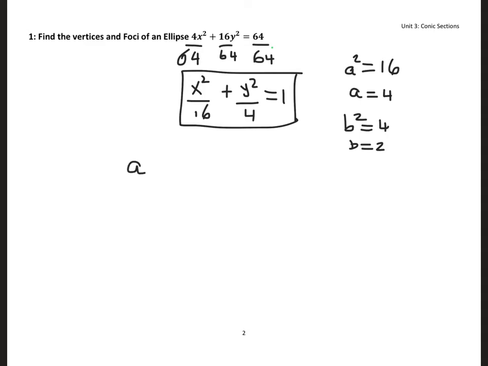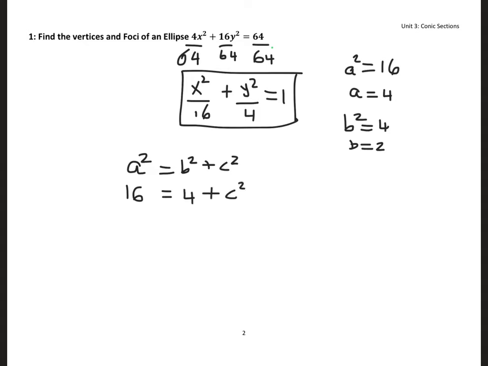Using the relationship a squared is equal to b squared plus c squared, I know a squared is 16, which is equal to b squared, which is 4, plus c squared.